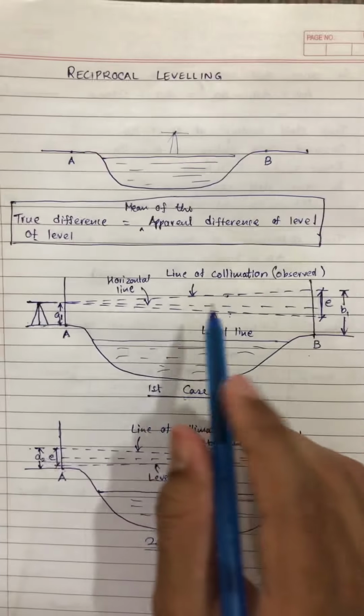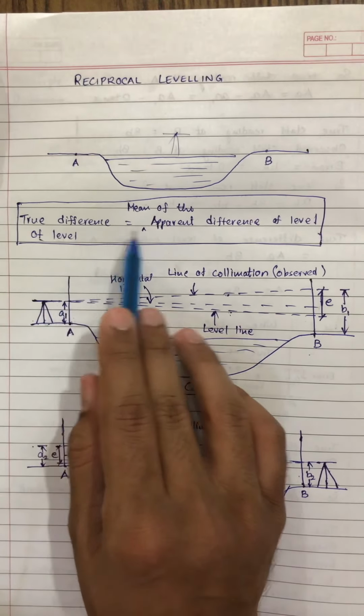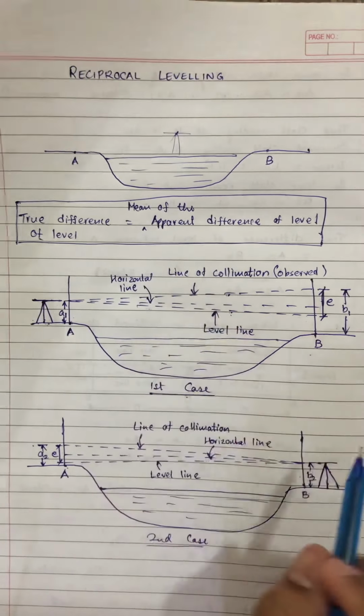Hence, you can see that this relation has been derived: the true difference of level is equal to the mean of the apparent difference of level.